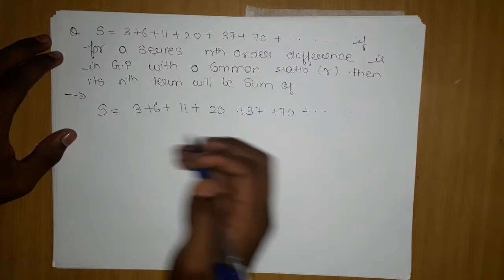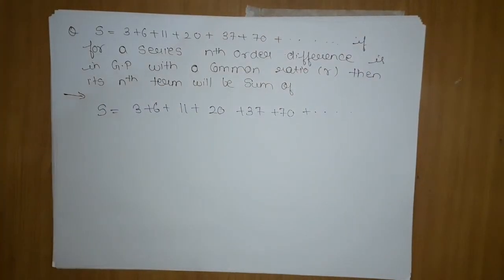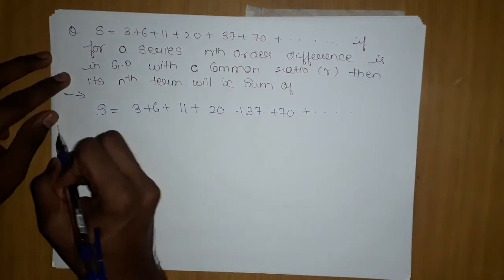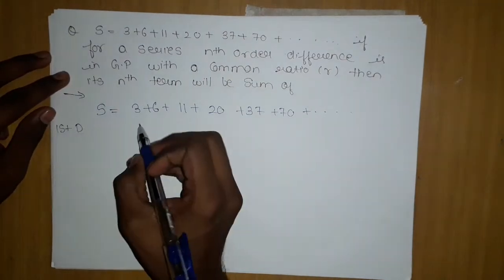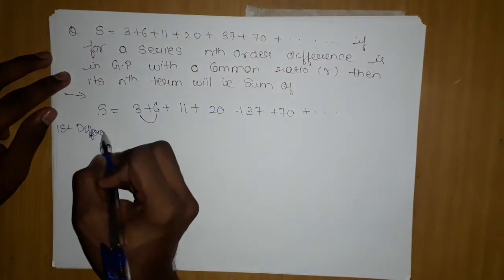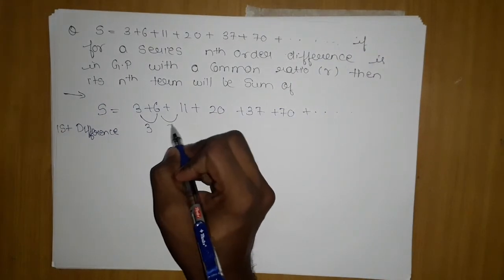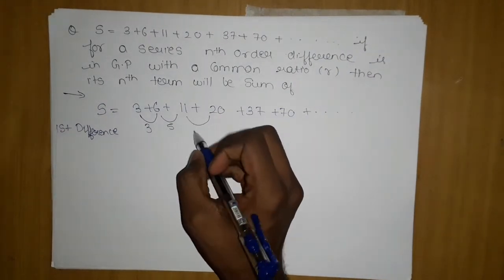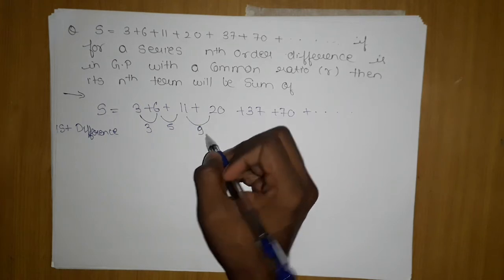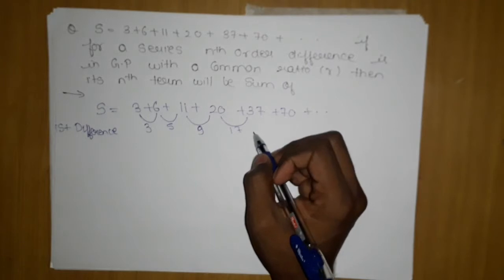So this is S. What you can do is get the first difference. This is 3, this is 5, this is 9, this is 17.